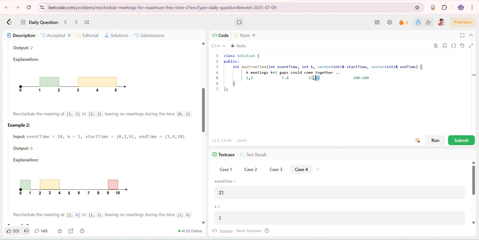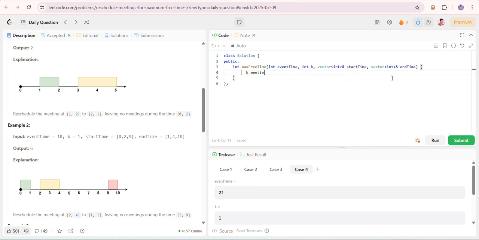Now if you shift one meeting to here and another meeting to here, will this give any better result? No, because if you shift all to the left or all to the right, then you get more and more gap. That's why you always have to choose k consecutive intervals of meetings. Now I think you would have got the approach.